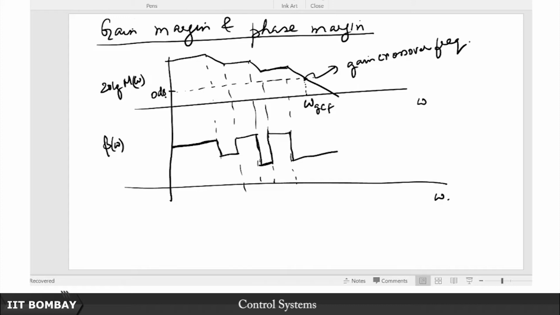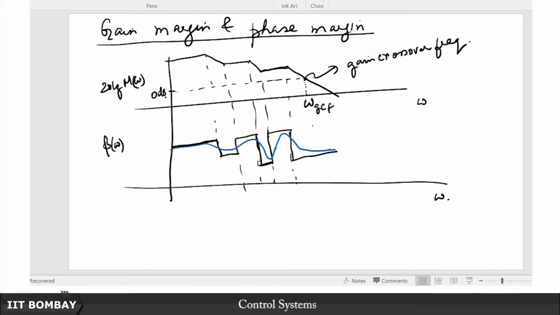Of course if you want a finer plot, you can always make this sort of a correction, okay. So this could be a typical phase plot. The exact phase plot could be something like this blue line that I have drawn here.